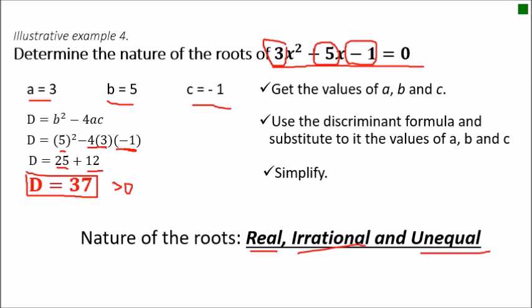Lagi nyo lang pong tatandaan yung nasa unang slide natin, yung mga yung determinants natin ng nature of the roots. If it is equal to 0, greater than 0, and a perfect square, greater than 0 but not perfect square, and yung mga less than 0.